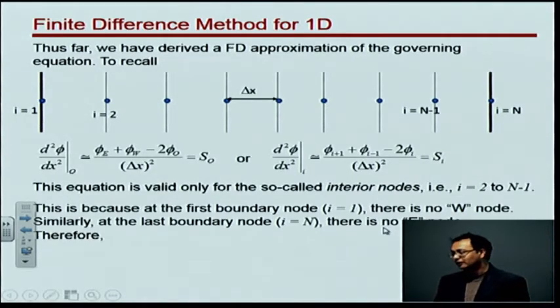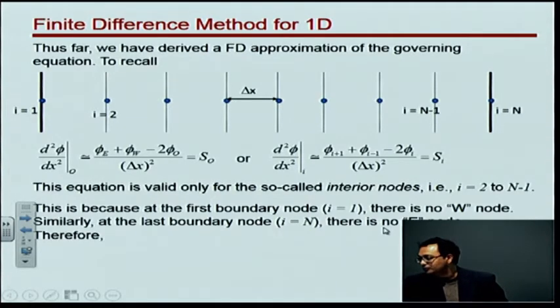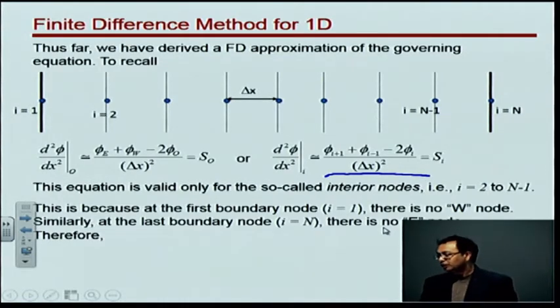That's number one. Number two, if you use the expression that we have here for the interior nodes, you run into a problem because when you set I equal to 1, you get phi of 0, and there is no 0th node on the left end.